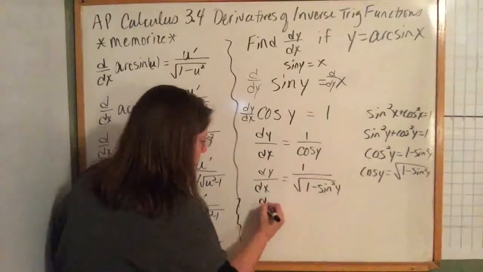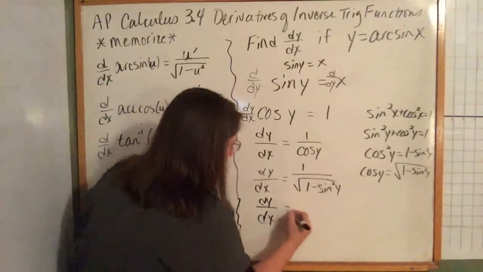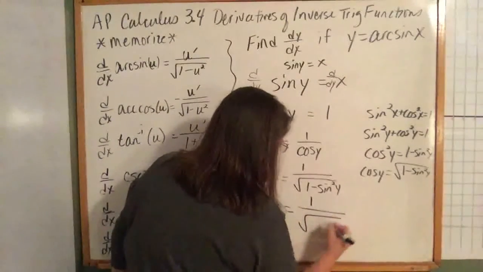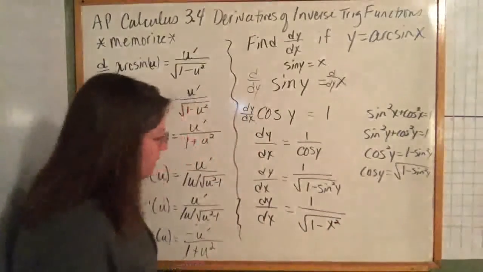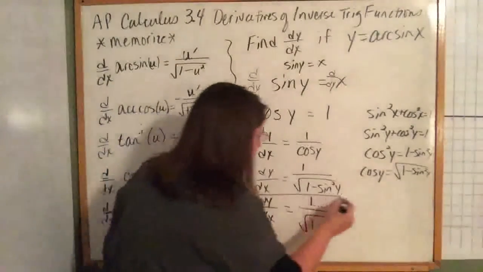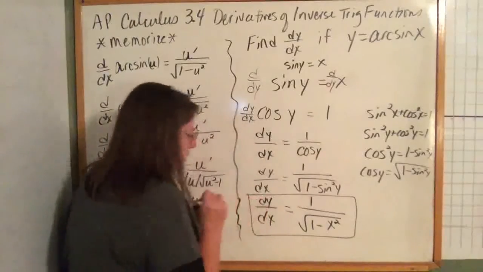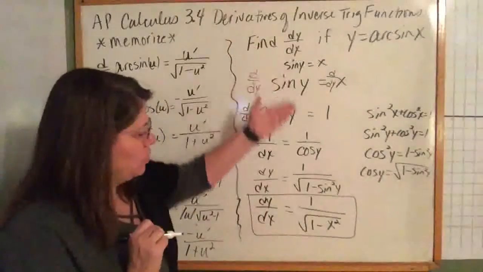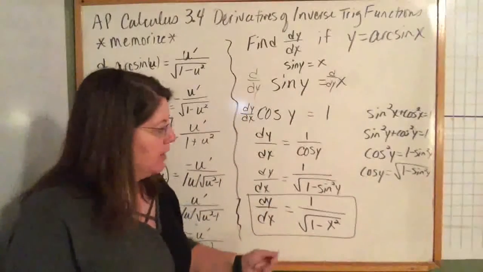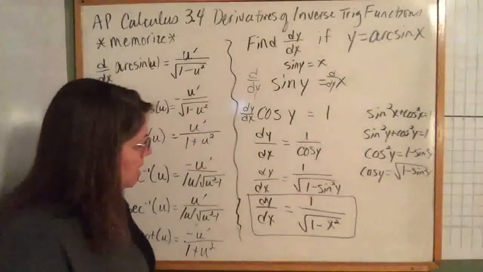So dy over dx is 1 over the square root of 1 minus x squared there. So we have derived the derivative of arc sine just using some review information here and doing some substitutions.